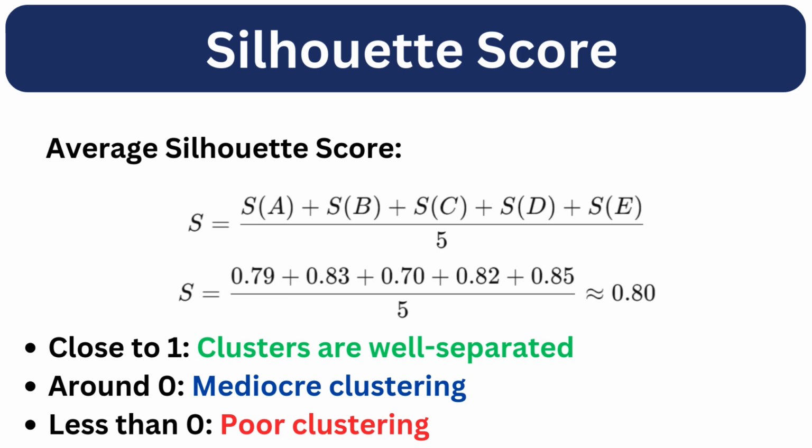It means the clusters are well defined with low overlap and good cohesion. If the scores are closer to 0, it would suggest that the clustering is of average quality. Clusters are not well separated and they have some overlaps. And negative values indicate a significant issue with the clustering, such as misclassified points.